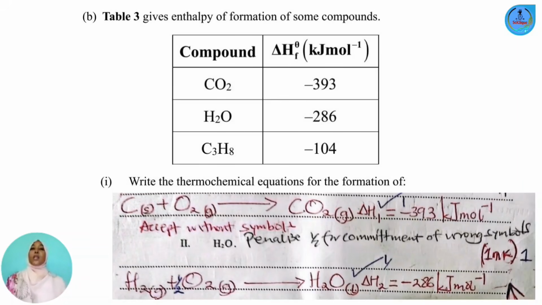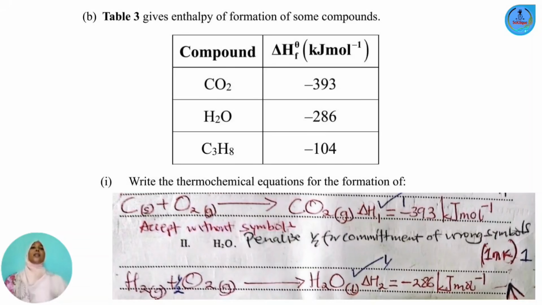So if we look at the first one, we are having carbon reacting with oxygen to form carbon 4 oxide, right? What is the enthalpy for this? It's negative 393 kilojoules per mole. What does that tell us? It tells us that when 1 mole of carbon 4 oxide is formed, 393 kilojoules of heat energy are released.